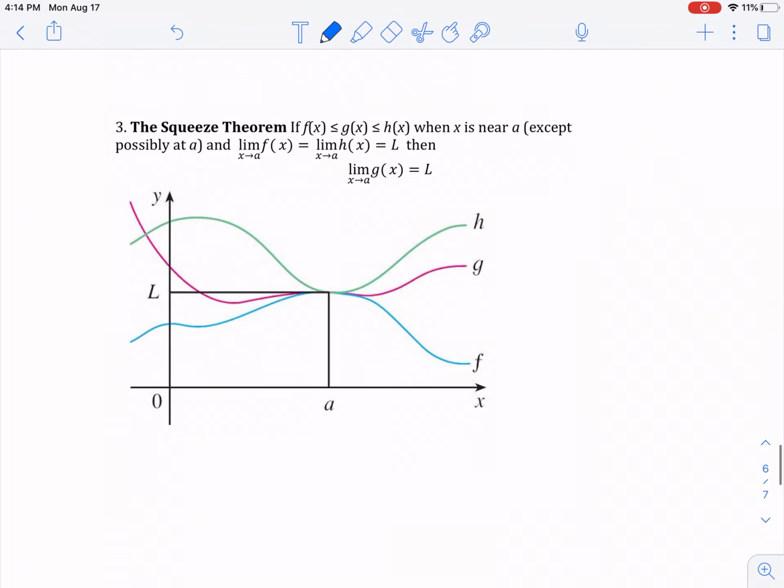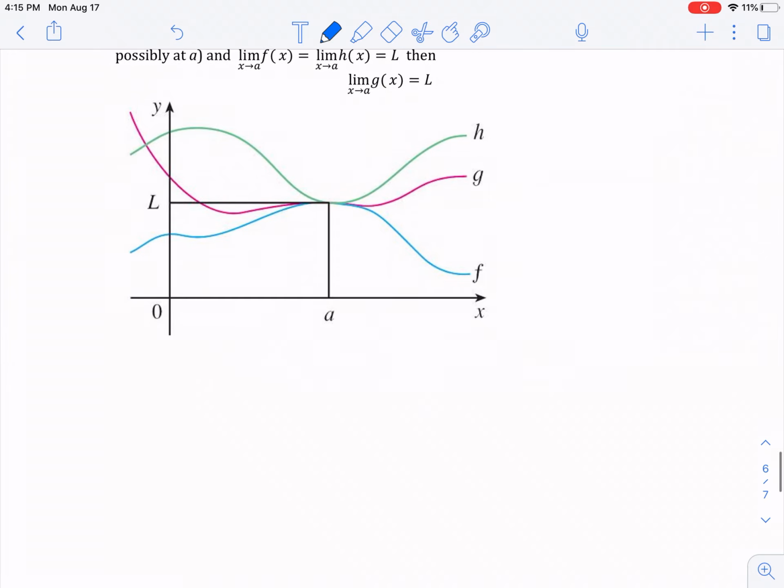It's a really nice theorem, and you can see based on the figure, the g function right here is squeezed in the middle, and the limit of h is right here. The limit of f is right here as x approaches a. And because g is right in the middle, we have the same limit. All right, let's take a look at an example.